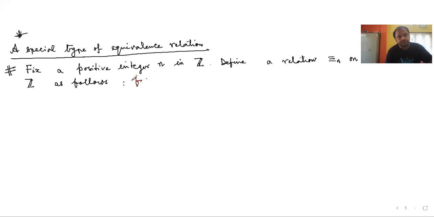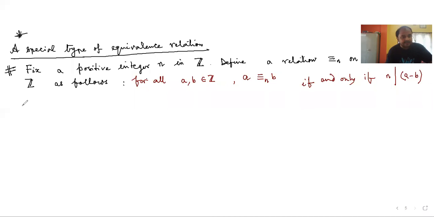For all a, b belonging to Z, a is related to b if and only if n divides a minus b.